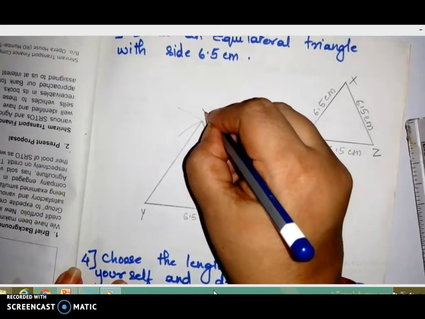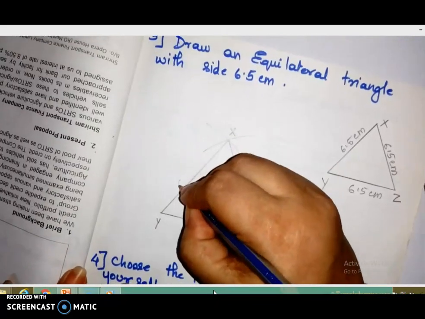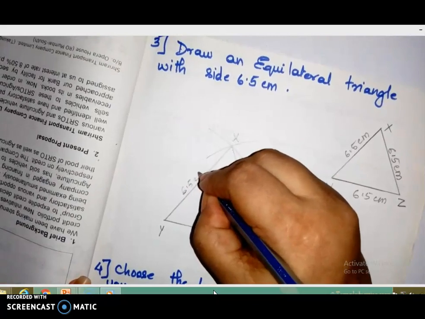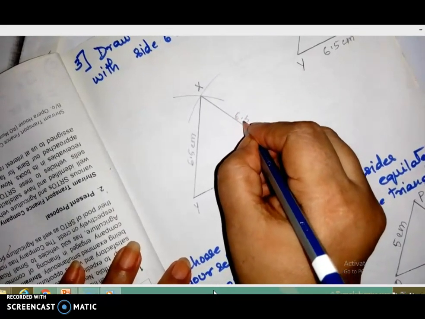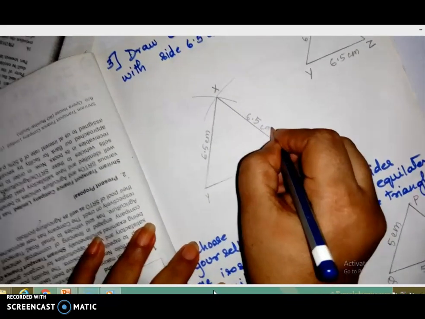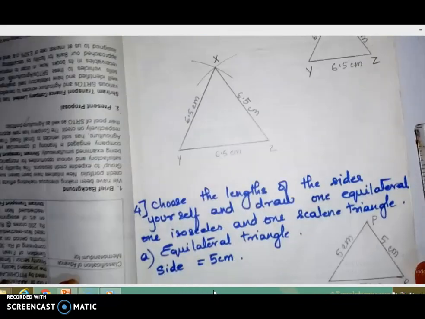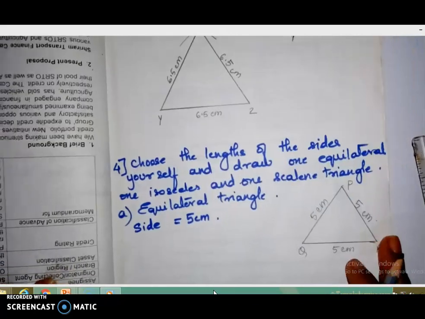So this is X and here you have 6.5 centimeter and this is also 6.5 centimeter. Now let us proceed to the next question.